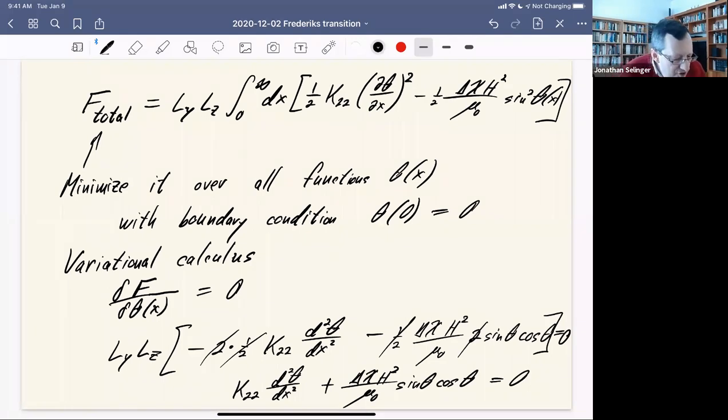So that's a differential equation that we want to solve. This is the Euler-Lagrange equation for this problem.